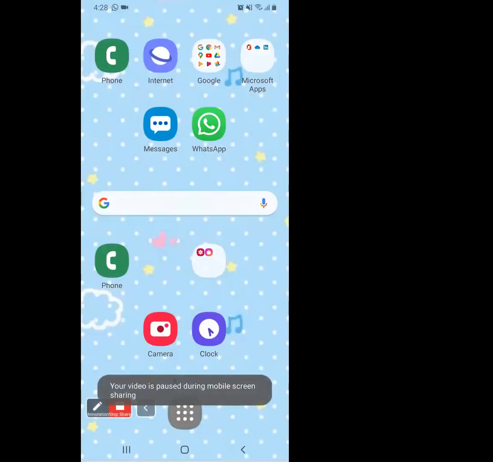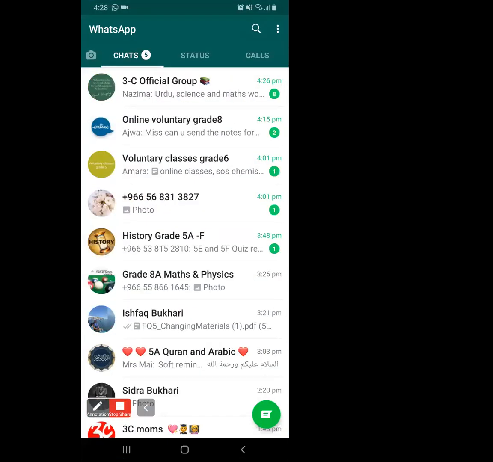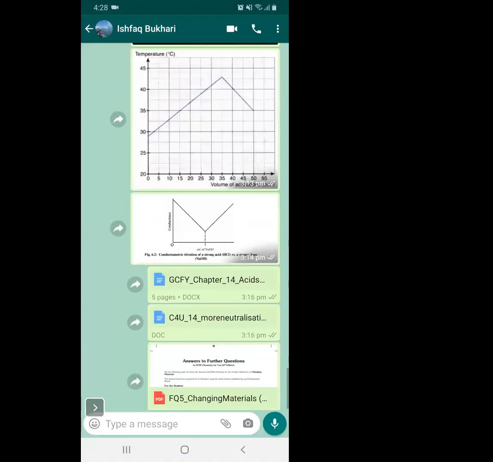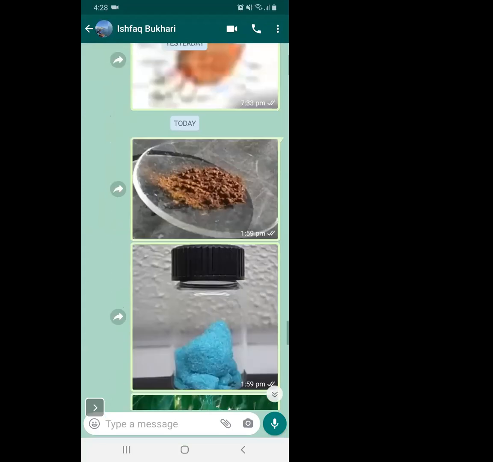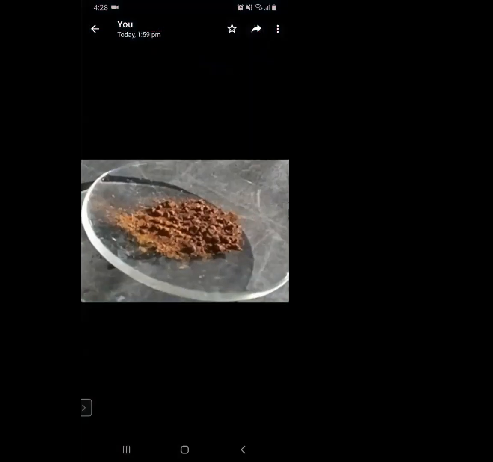I'm sharing my screen. I'll show you. I got the picture. Okay. This is copper chloride soon after its preparation with no water molecules dissolved in it or added to it.